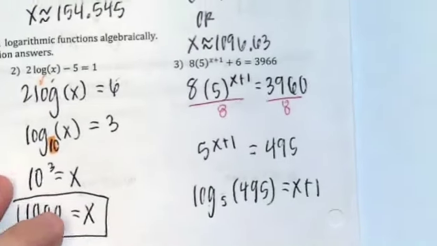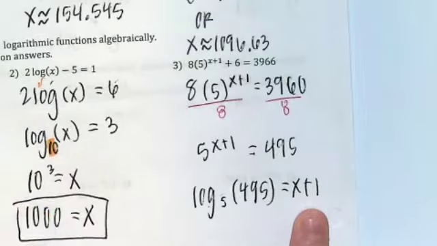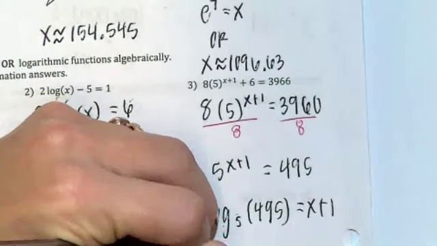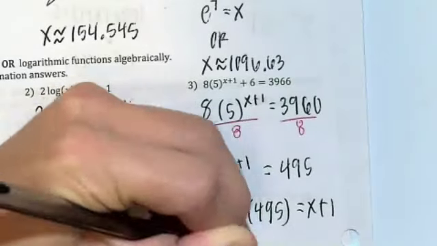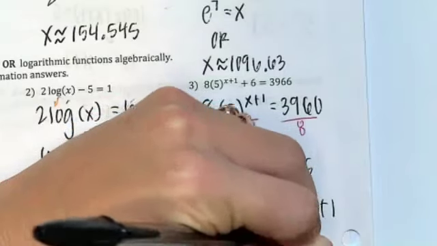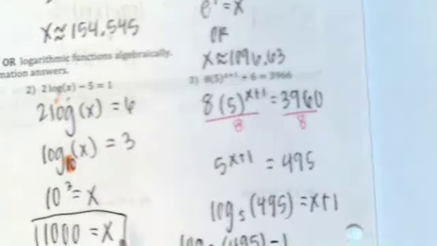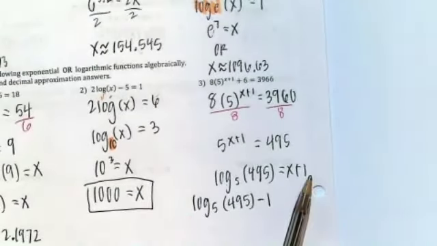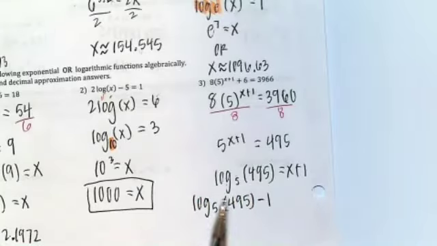Wrong one. I still haven't solved for x. It's x plus 1. I need to get this 1 to the other side. To get the 1 to the other side, I'm going to subtract it. I'm going to subtract the 1 after I've already done all of this logarithmic stuff.